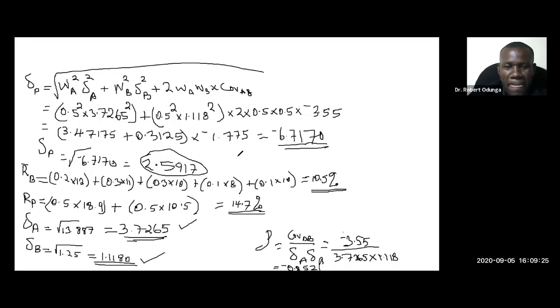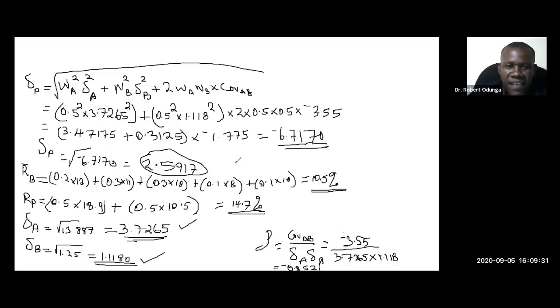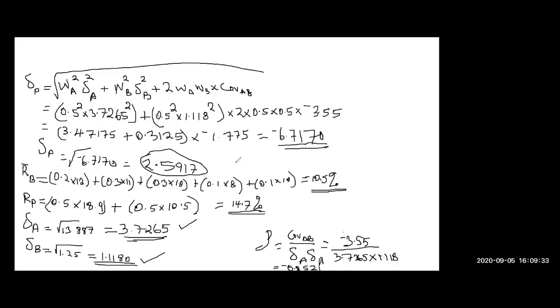But why do we make multiplication here? Multiply where? This one here, 3.471175, plus this one.